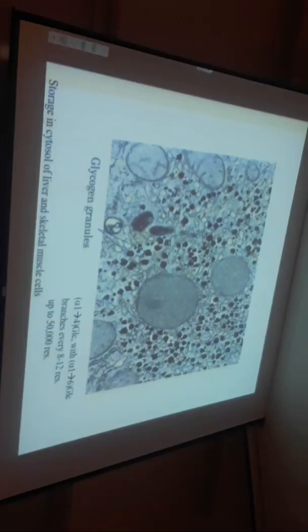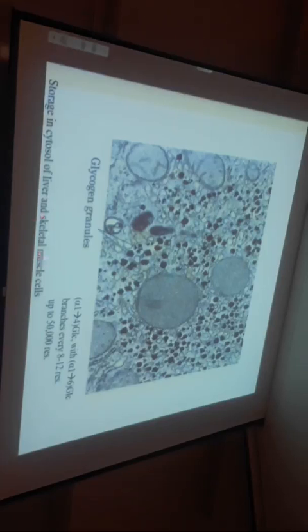We store the corresponding molecule, similar to amylopectin, which we call glycogen, and has a few differences compared to amylopectin, but we store this storage form of carbohydrates also in the form of granules, and we store these granules in particular in the liver, but also in skeletal muscle, actually more in skeletal muscle.